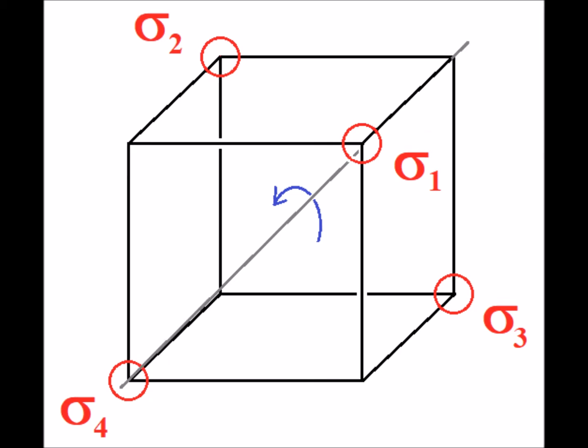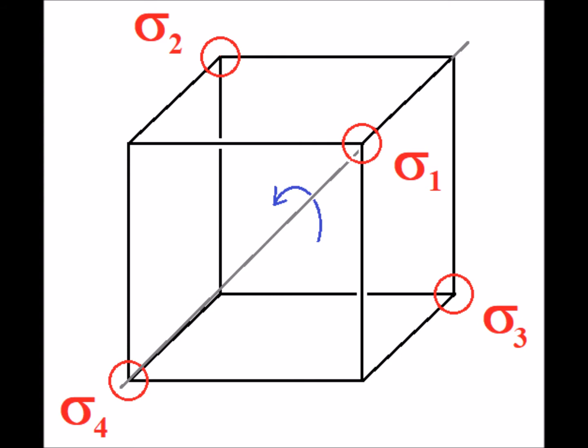Next, we have 8 C3 operations. C3 is a proper rotation of 120 degrees, and it is easy to find in a cube because it rotates about an axis that is a diagonal of the cube. We realize that there are 4 diagonals of a cube, so just like the S4 operation, C3s come in pairs.